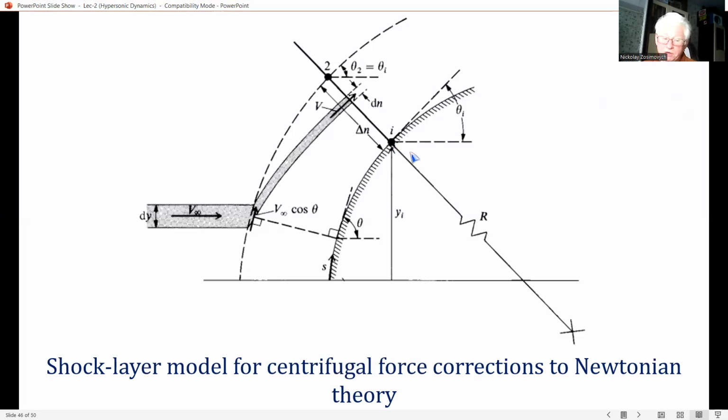At point i, we wish to calculate the pressure p_i. Through point i, consider a streamline coordinate system, s and n, which we have here.